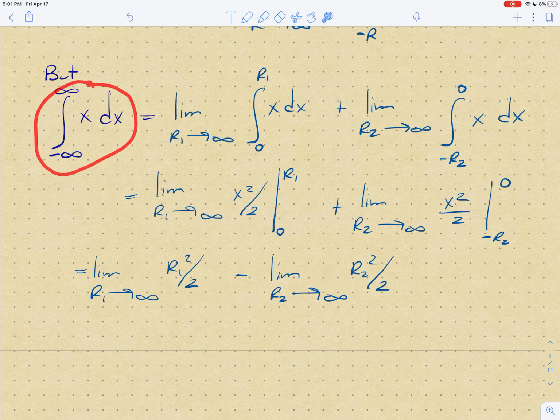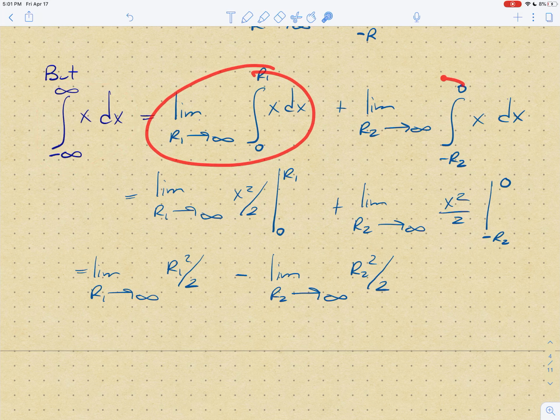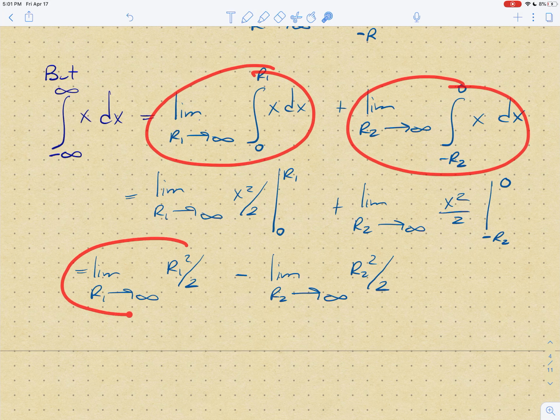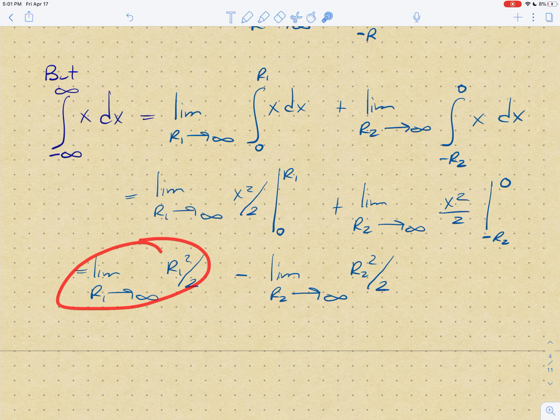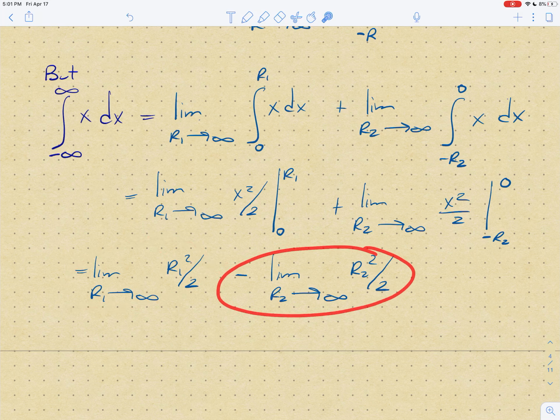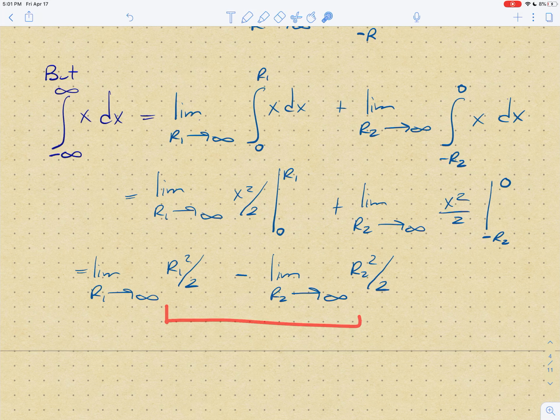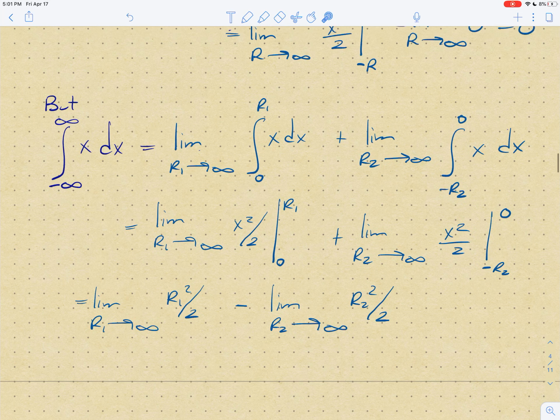The full improper limit converges if and only if this part converges and this part converges. But this part is blowing up to infinity. And this part is blowing up to minus infinity. And it's so tempting to say, oh, well, but they're going to cancel and go to 0. That's not the point. The point is that neither piece is converging, therefore the whole thing is not converging.